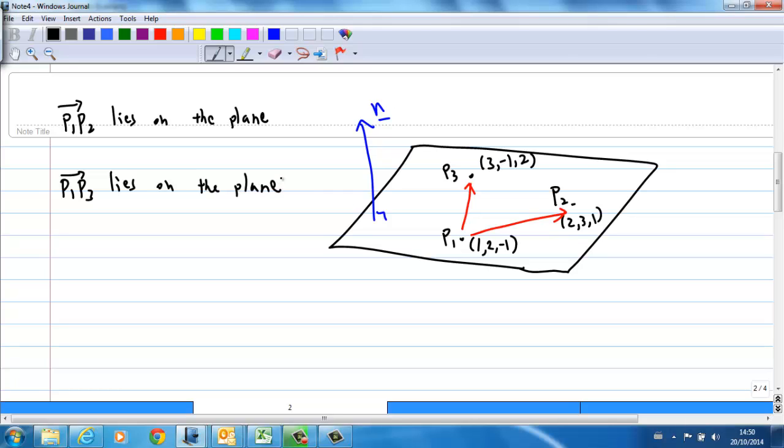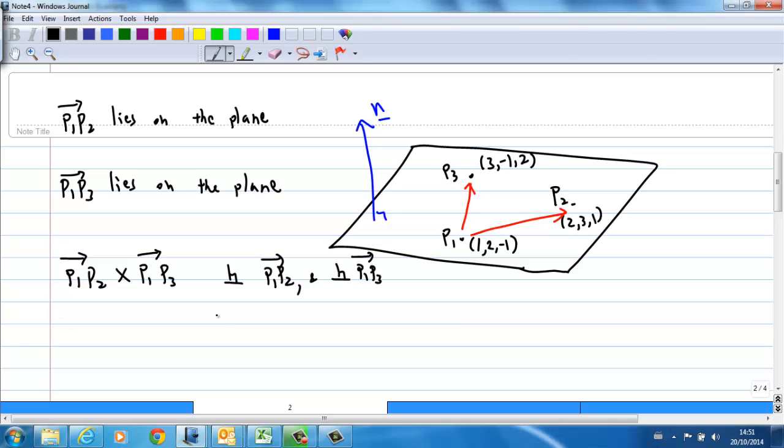Now we can do a cross product construction. If you take P1P2 cross product with P1P3, by the definition of cross product, we know this vector is perpendicular to P1P2 and perpendicular to P1P3.